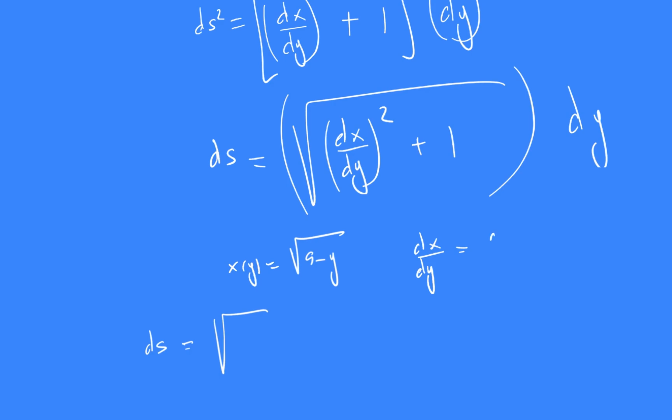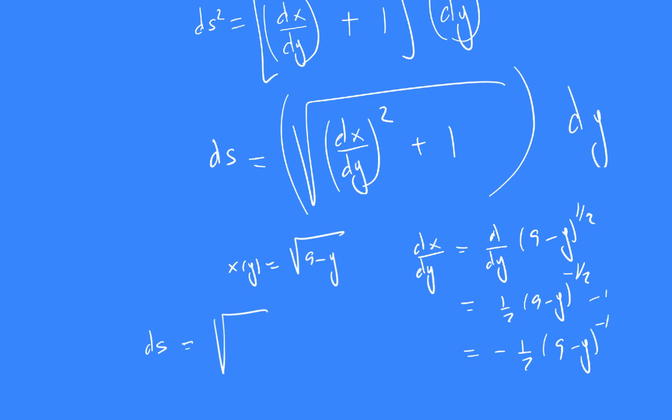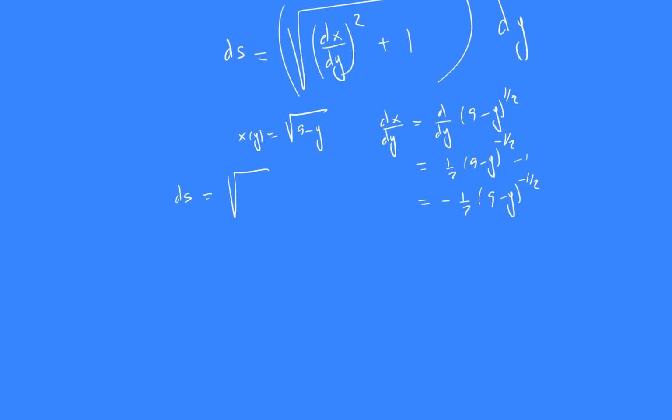This is the derivative with respect to y of (9 minus y) to the 1/2. So it will be 1/2 (9 minus y) to the 1/2 minus 1, so minus 1/2 (9 minus y) to the minus 1/2. So the term that I have to find is the derivative of x with respect to y, squared, plus 1. Okay, wow, big work. Let's do it.